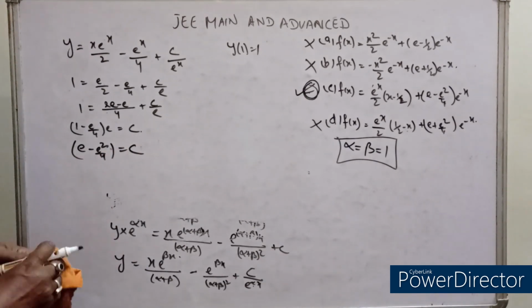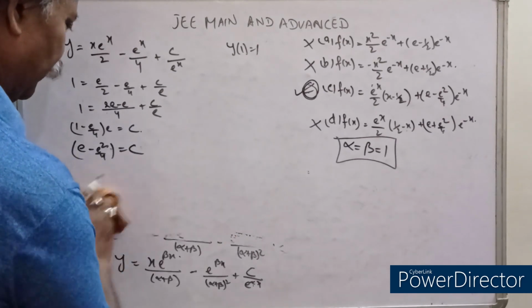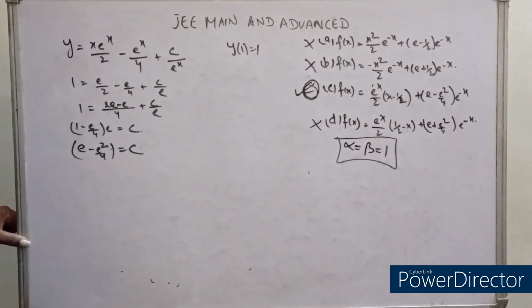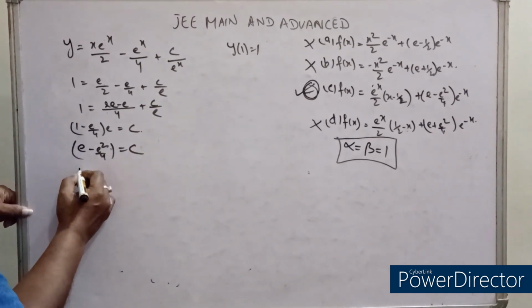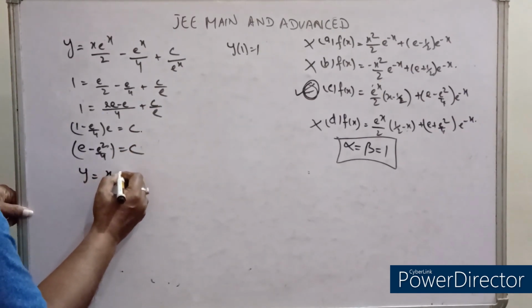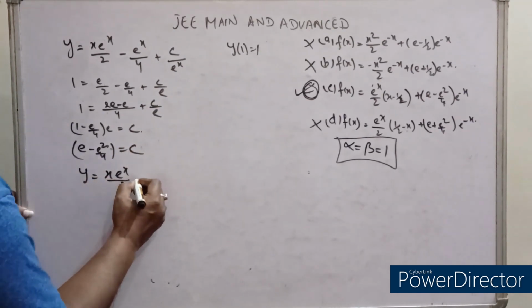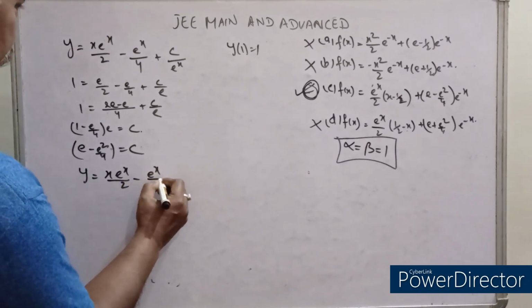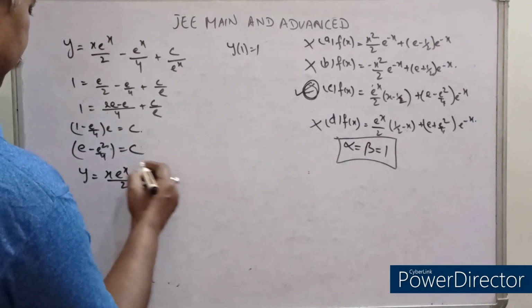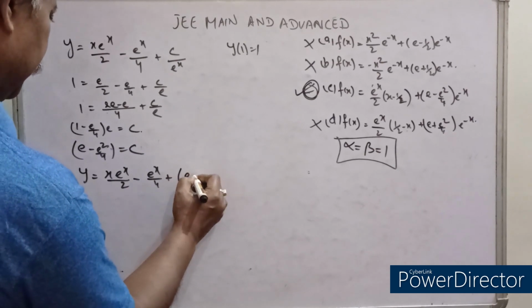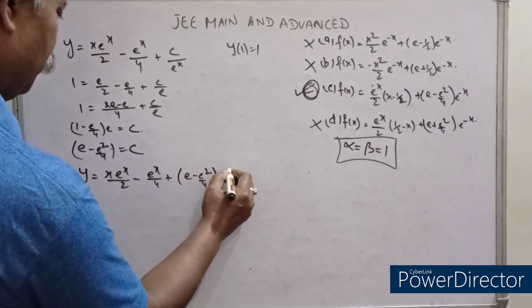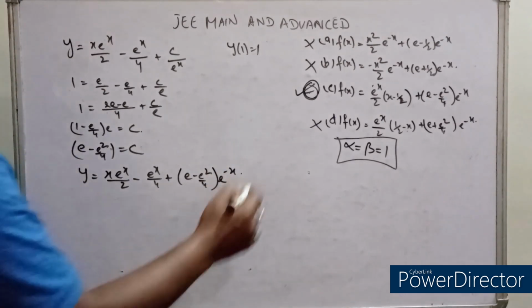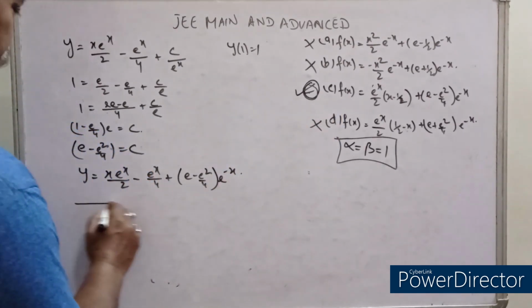So here you see that I have got the value of c. Now I am going to place the value of c here. So y is equal to x e to the power of x by 2 minus e to the power of x by 4 plus your value of c, e minus e square by 4, e to the power of minus x. So your option C is correct.